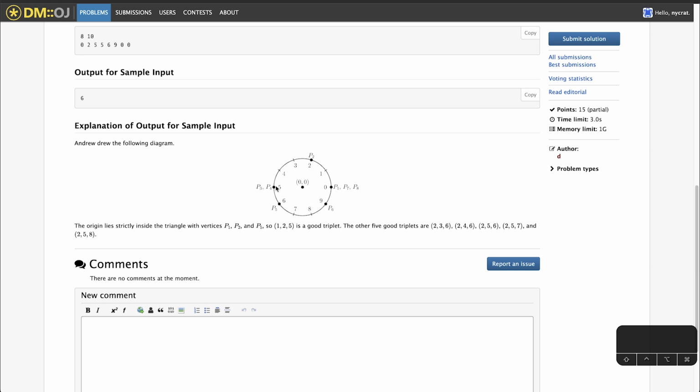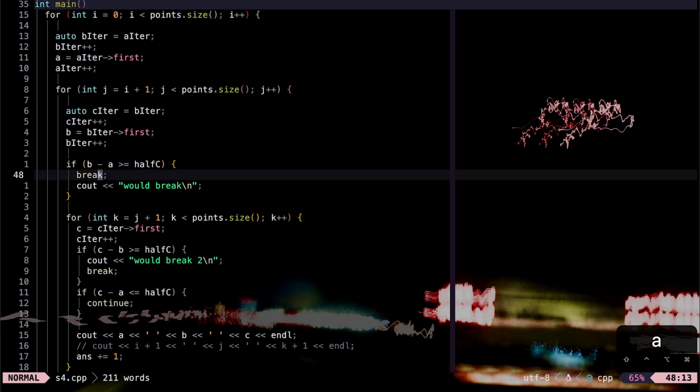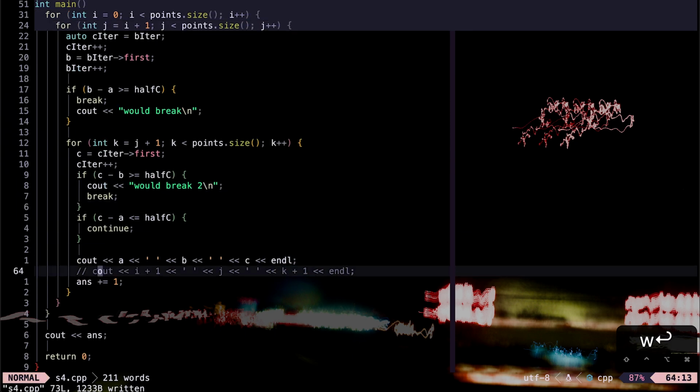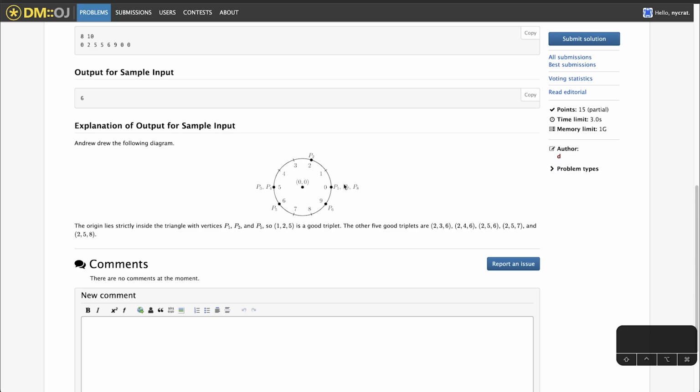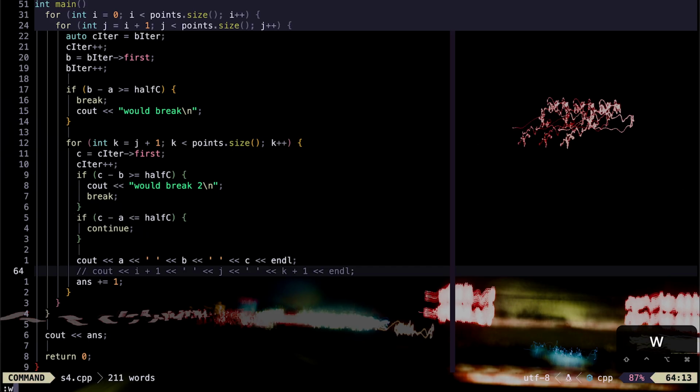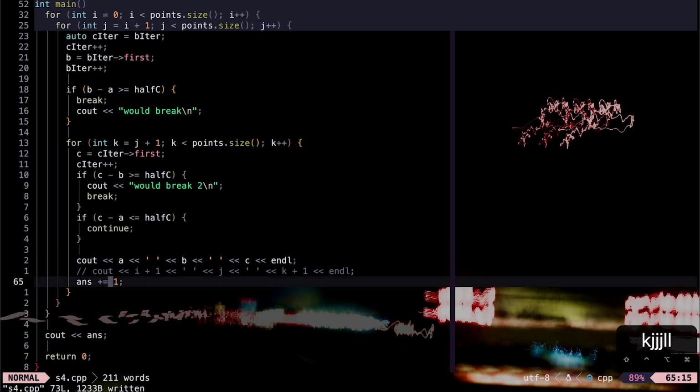2, 5, 9, 2, 5, 9, okay, and 2, 6, 9, 2, 6, 9, that's good. So of course, I have to implement this triggering twice, the 2 thing, and the other thing triggering 3 times. So I think it should work as soon as we get this implemented. So instead of answer plus equals 1, okay, 1, or let's say, oh, that actually makes it difficult.